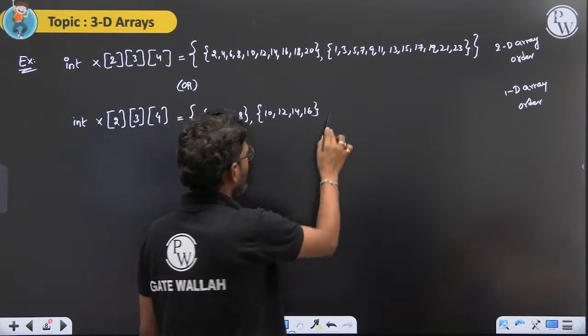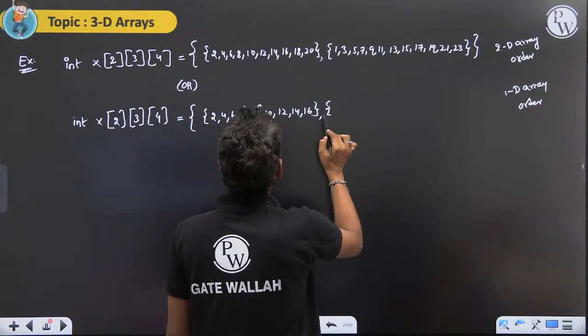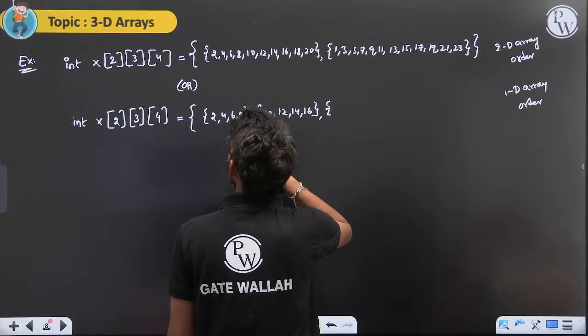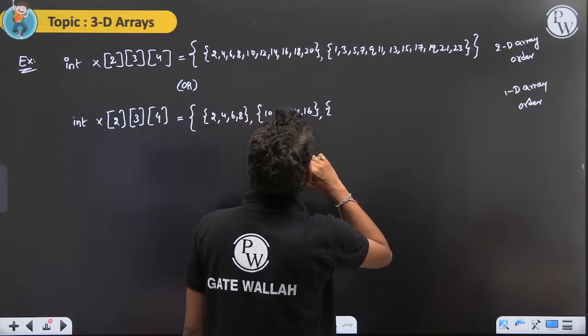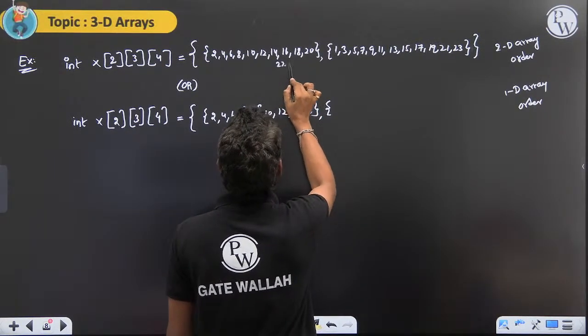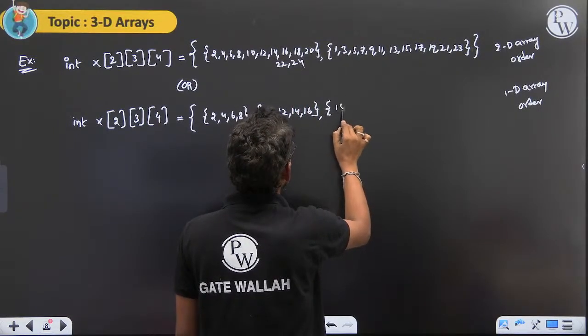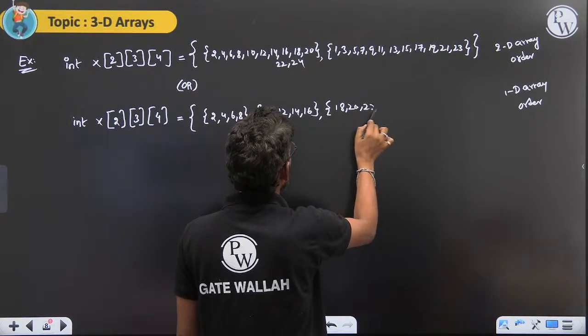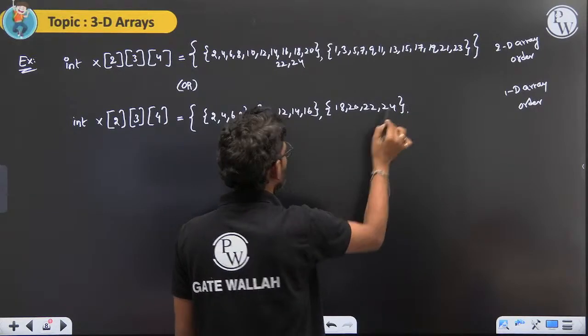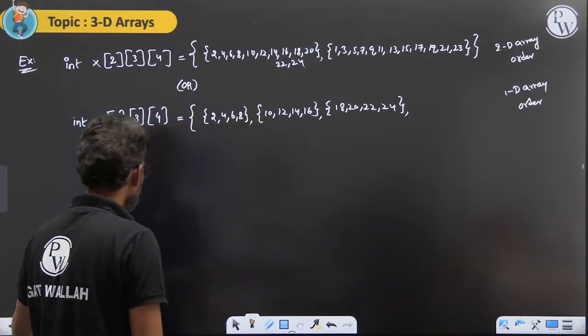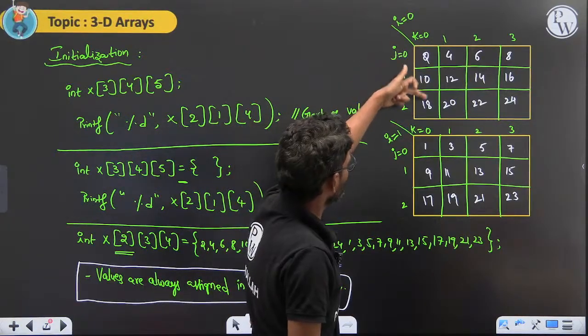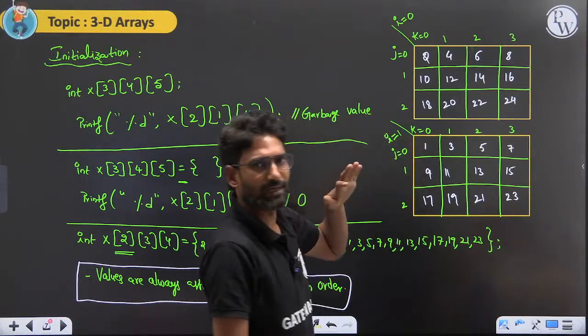Third 1D array is 18, 20, 22, 24. Total how many 1D arrays do we have? 1, 2, 3, 4, 5, 6 1D arrays.